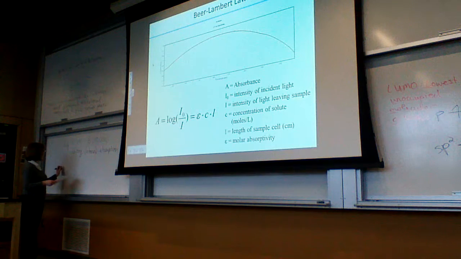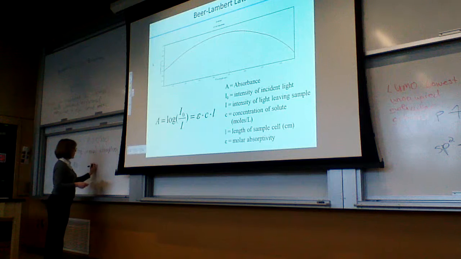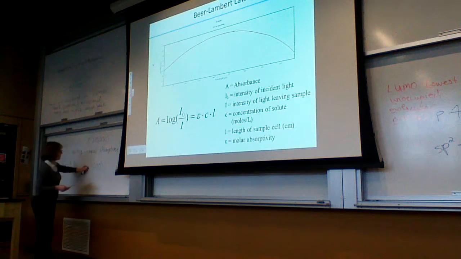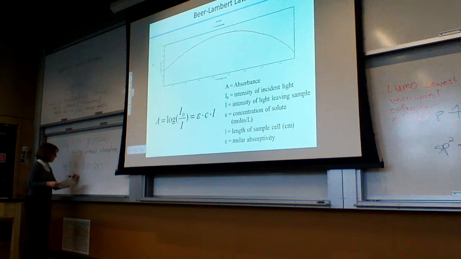And if we have log of epsilon less than 3, so we're looking at epsilon less than 1,000, then that's going to be considered a weak absorption.